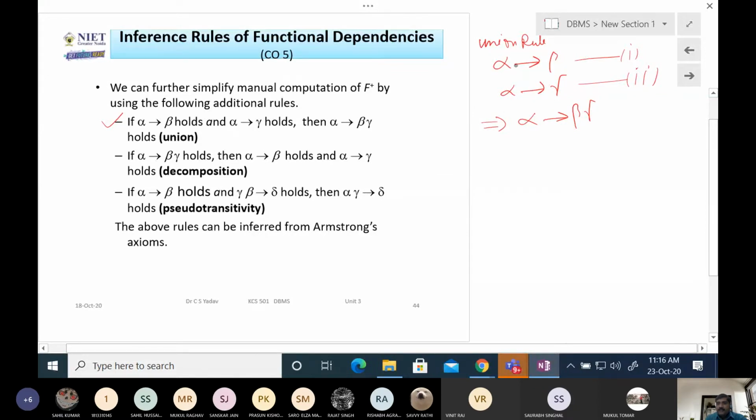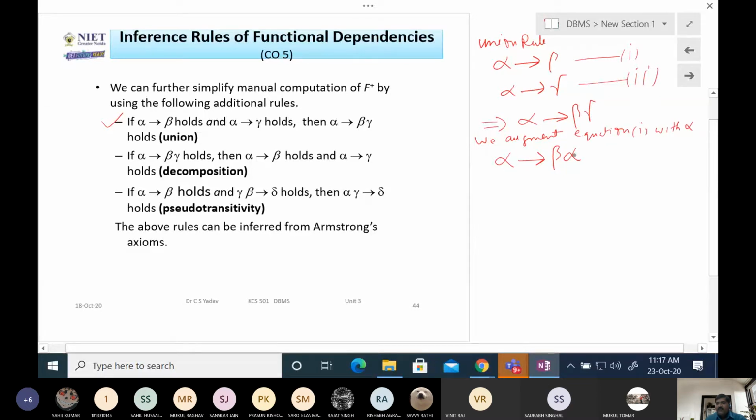Now in this, what will we do? We augment equation 1 with alpha on both sides.